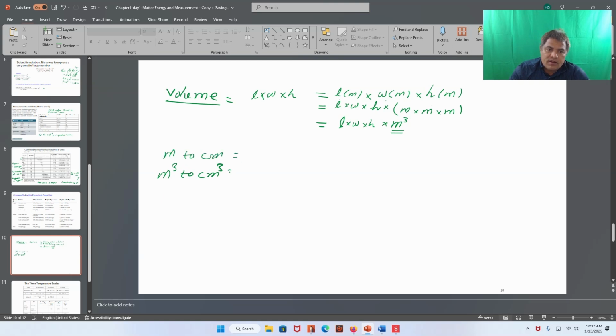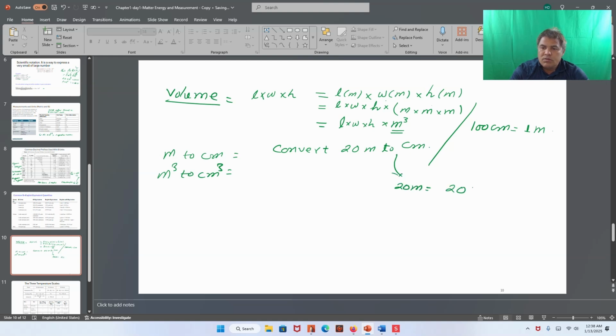Let's convert, for example, 20 meter to centimeter. It's easy. Now let's see the conversion. The conversion is 100 centimeter equals 1 meter, right? So 20 meter is equal to 20 meter times, we have to cancel meter.